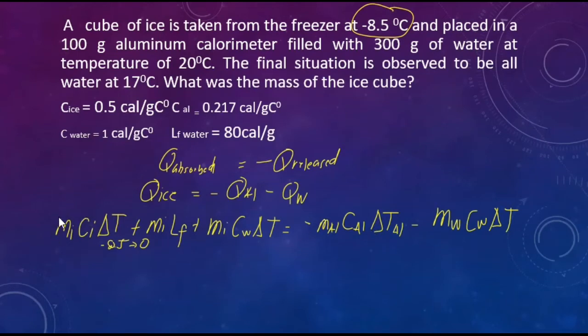So we are looking for the mass of the ice. Right now, we can factor out mass of the ice and derive an equation for it. So we factor out the mass of the ice and take it out of here. Okay? So after factoring out mass of the ice, we can now have the equation.